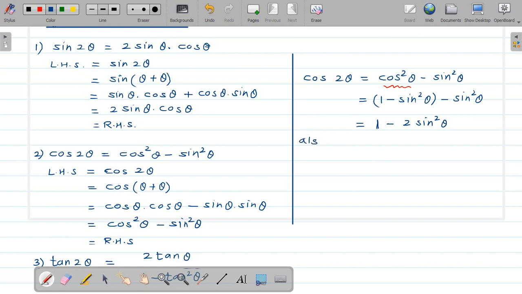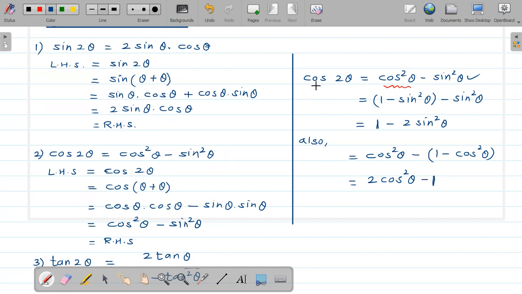Also, this can be modified as, if I put cos square theta as it is and minus, in place of sin square theta, if I write 1 minus cos square theta, again by fundamental identity, then you will get another form also. Now see here carefully, this is minus minus plus, this is minus 1, cos square theta plus cos square theta, so that's why it is 2 times cos square theta, and this is minus 1.